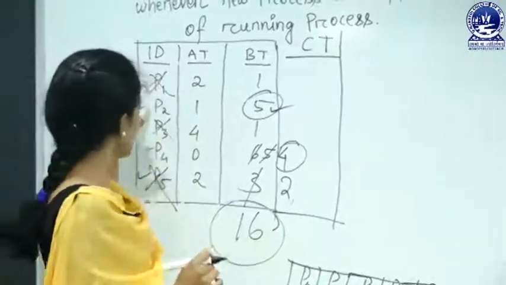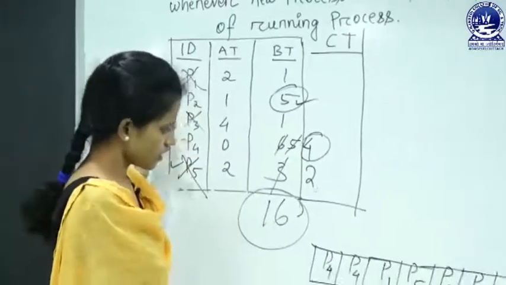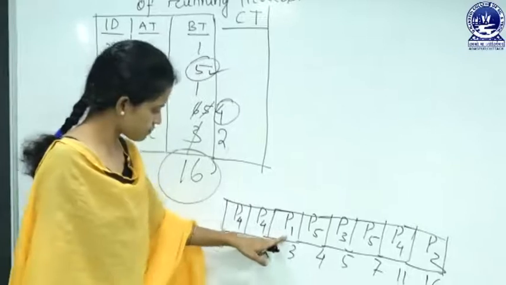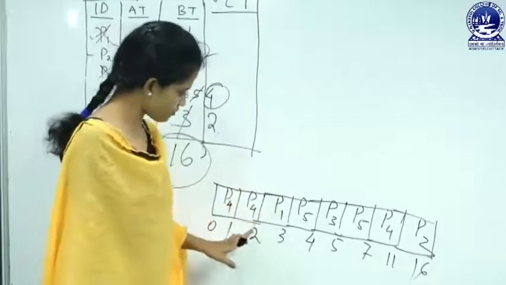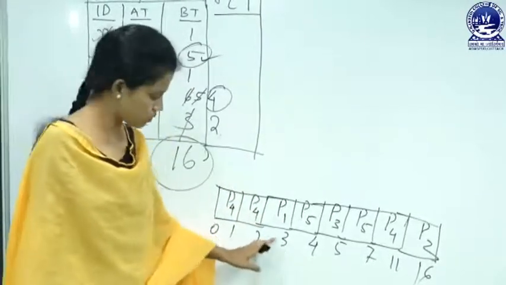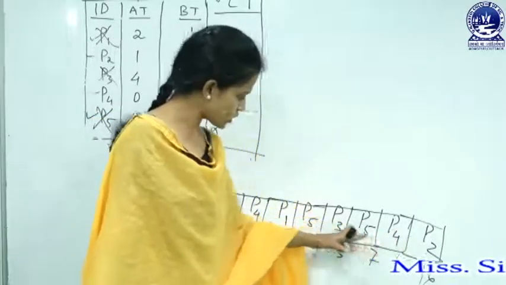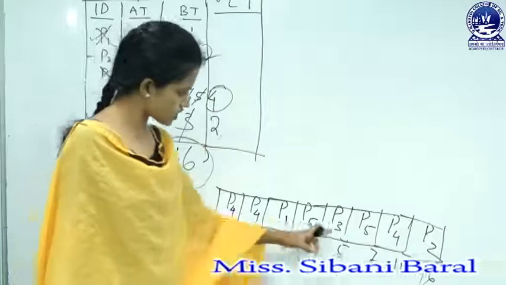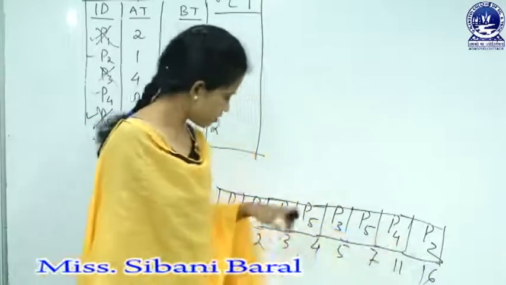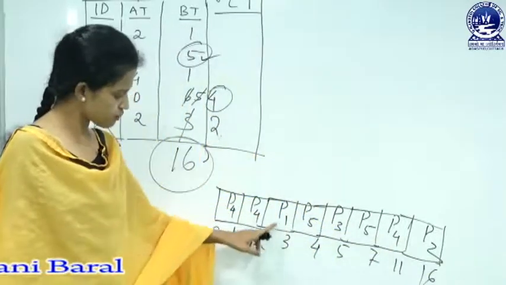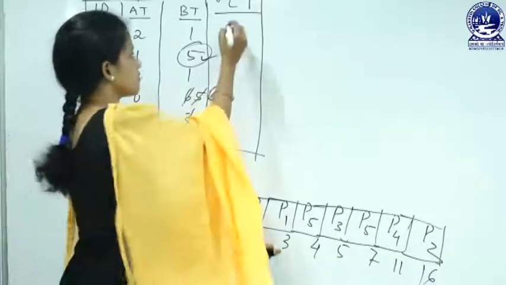P1 executes from 2 to 3 milliseconds, only 1 millisecond. Is there any other time where P1 is executing? No, only this one. So the completion time of P1 is 3.